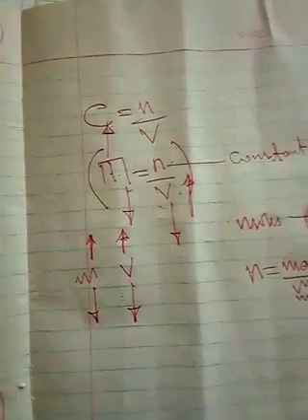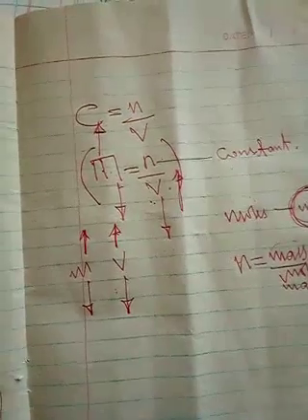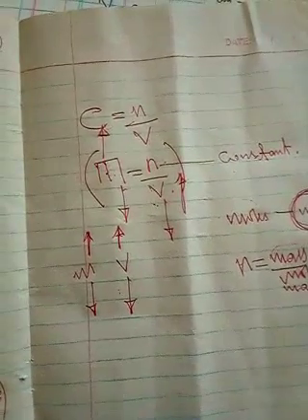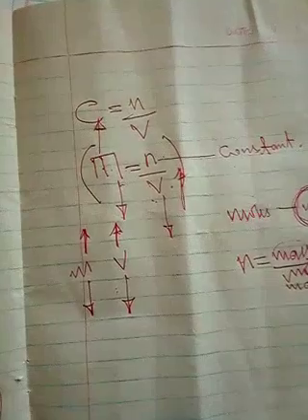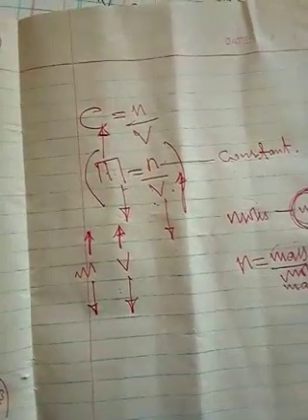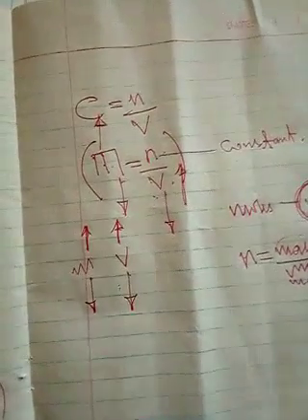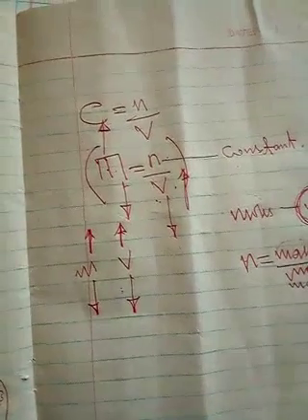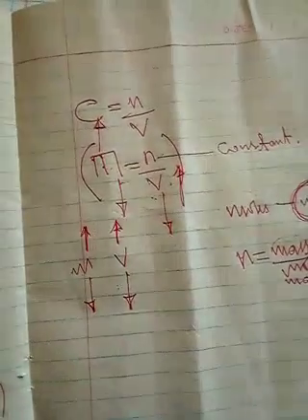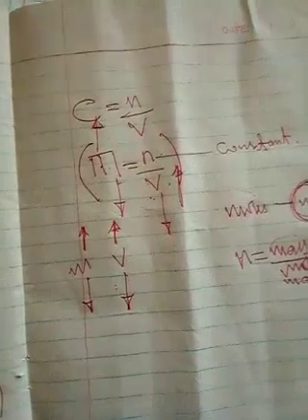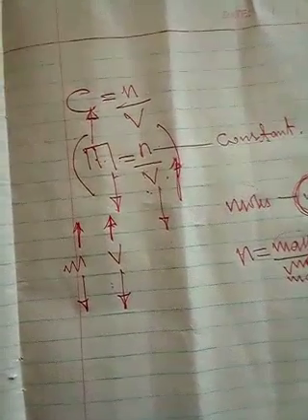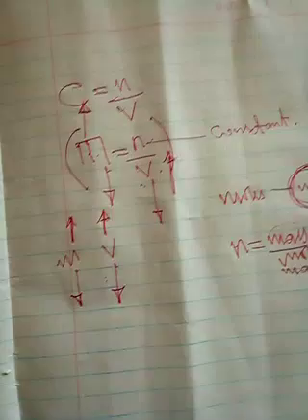If you increase your molarity values, your volume values decrease, and if you decrease your molarity values, your volume values increase. When one increases, the other must reduce.